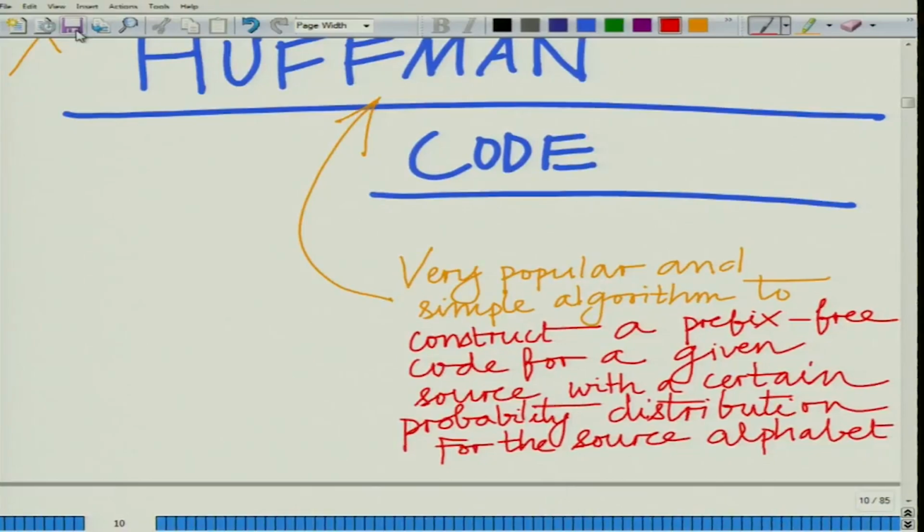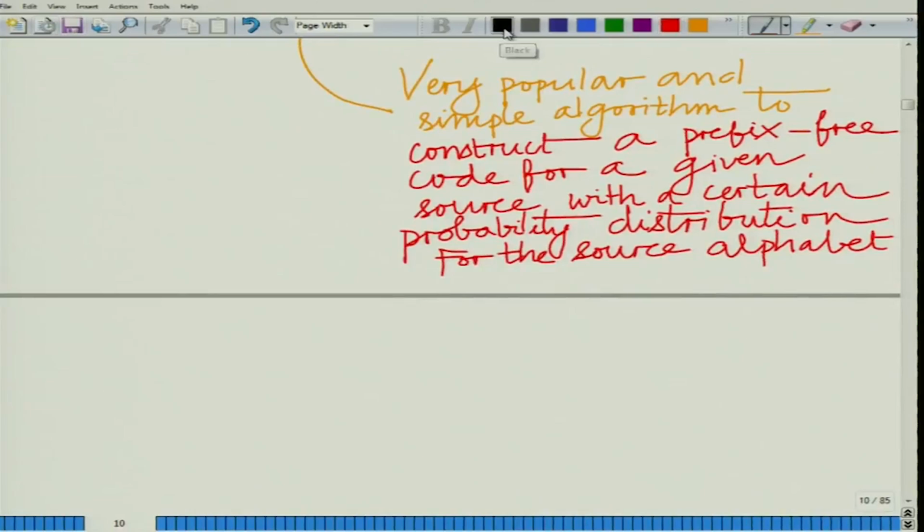Okay. And the Huffman code is the optimal code in the sense that it yields the code with the shortest average length, with the smallest average length for a source corresponding to that particular probability distribution. Okay. So, the Huffman code is very efficient.